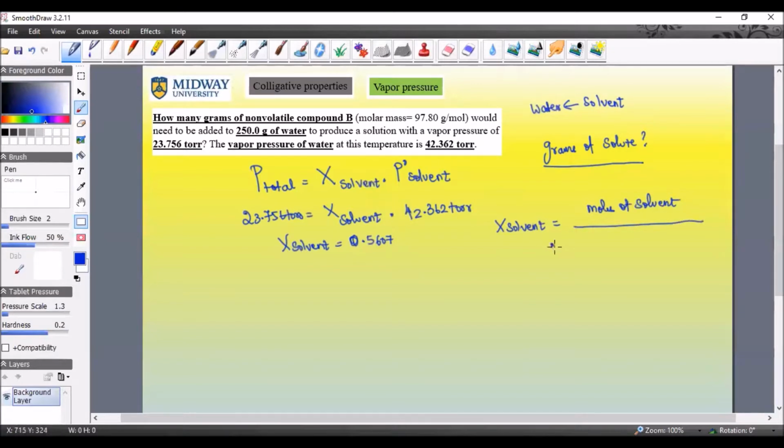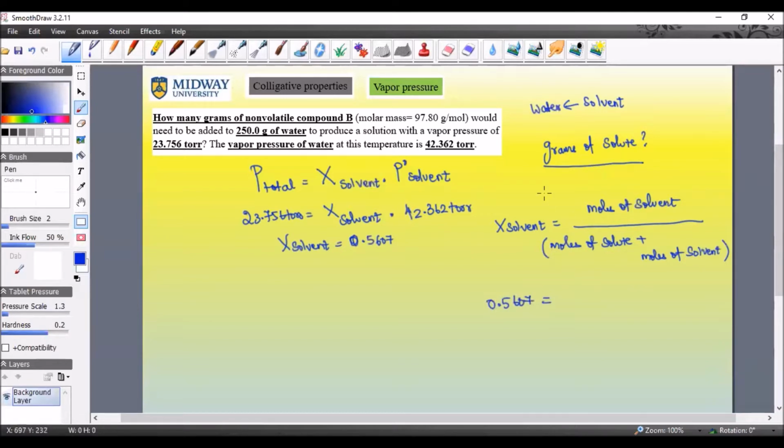If you can solve this problem after you pause the video and you think you got it right, then that shows a real testament of how much you've understood out of 170. This is the mole fraction of the solvent; if it's for the solute, then it will be solute. The mole fraction of the solvent, which we already know is 0.5607, we have to find this.